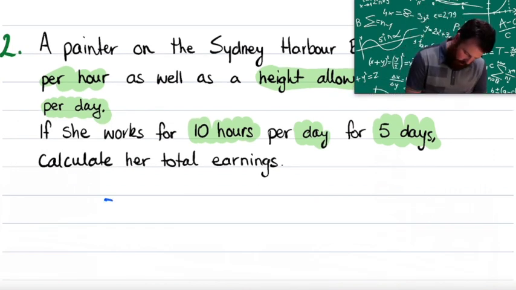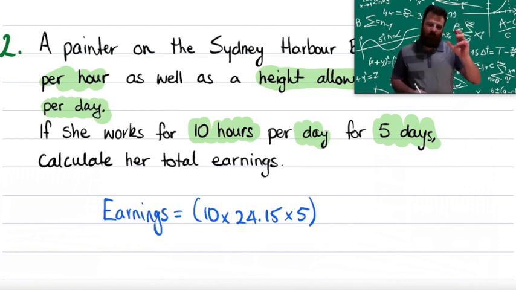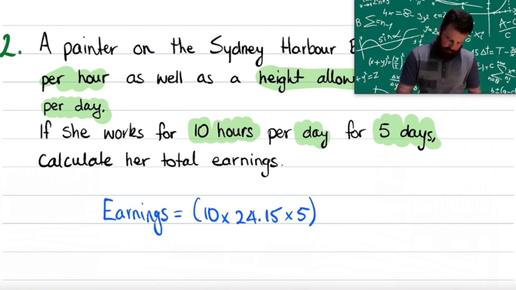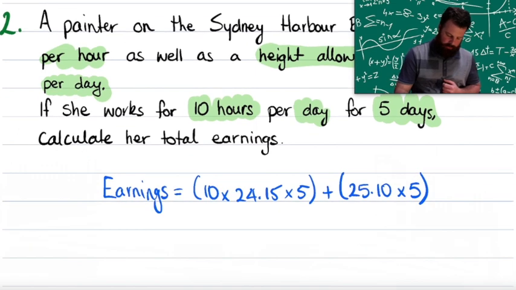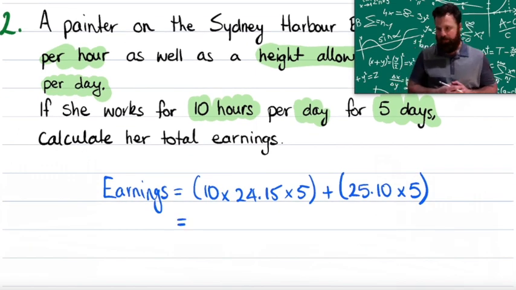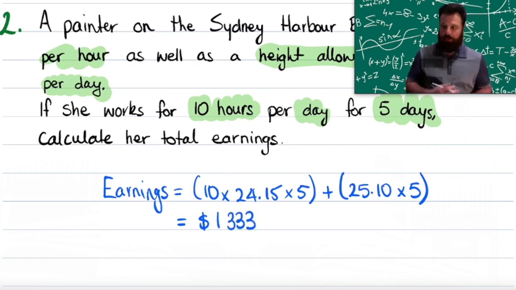So her earnings are going to equal 10 hours a day at $24.15 times 5, because she worked 5 days for 10 hours at $24.15, plus $25.10 times 5, because there are 5 days of that height allowance. When we add those together, we get a total of $1,333 for working on the Harbour Bridge that week.